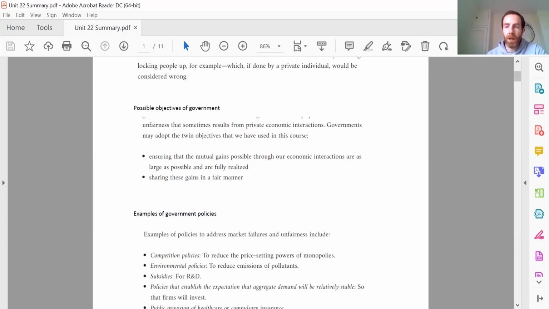So one of the things that a government can do is step in to deal with instances of market failure or unfairness.